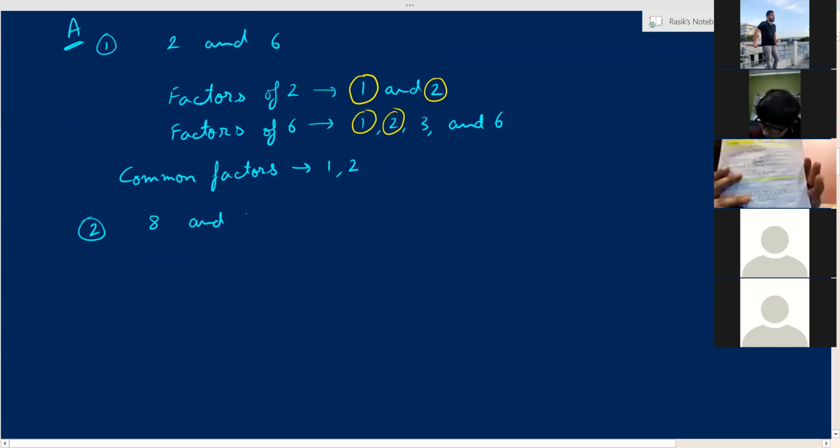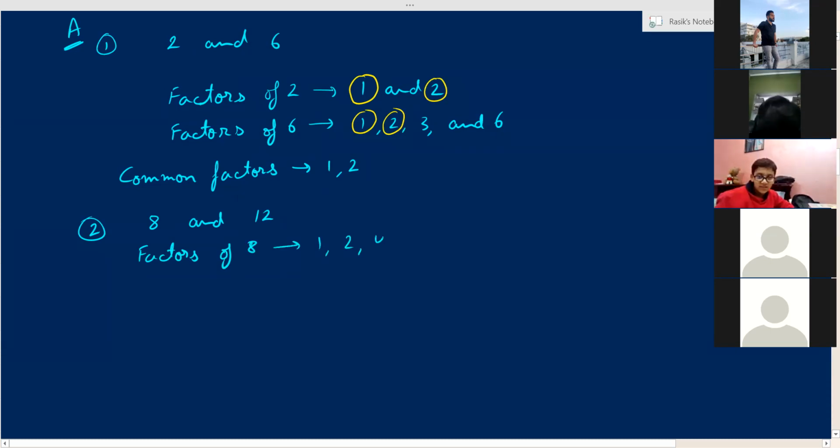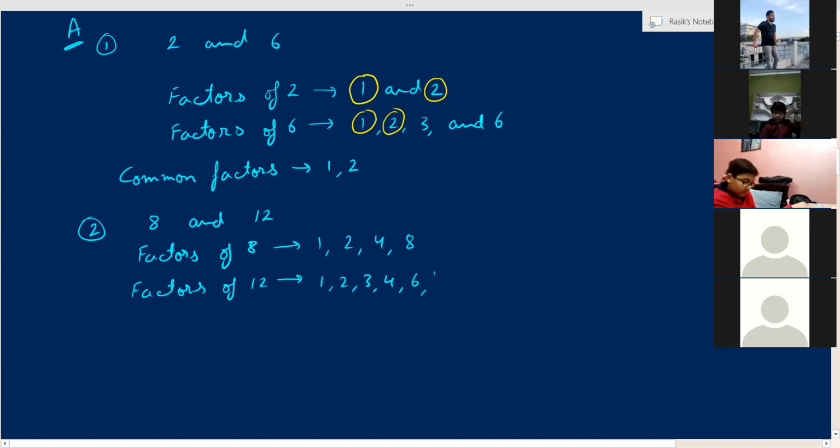8 and 12. Sir, factors of 8 are 1, 2, 4, 8, and factors of 12 are 1, 2, 3, 4, 6 and 12.